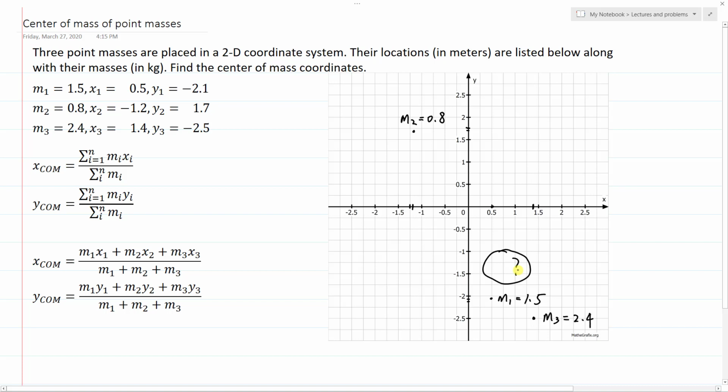Okay, so let's carry out the calculation here. We'll just write on this line. So m1 x1, m2 x2, m3 x3.